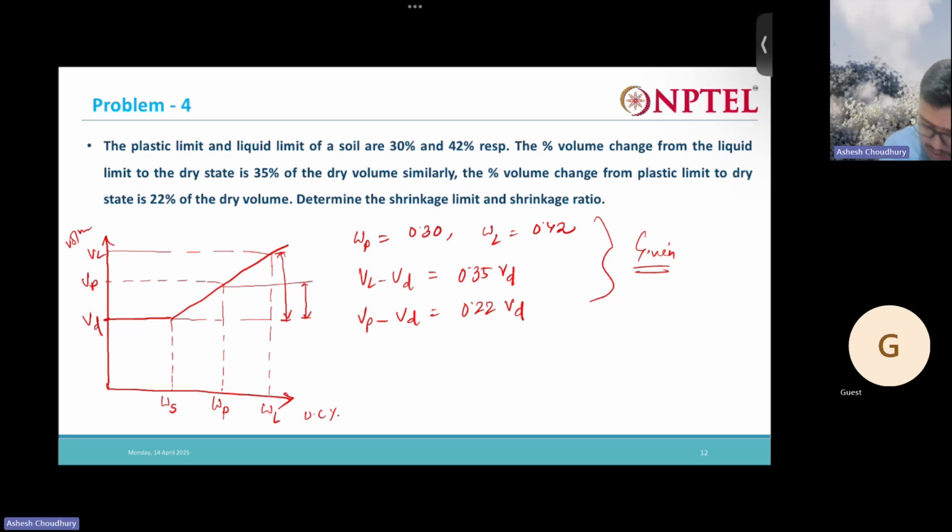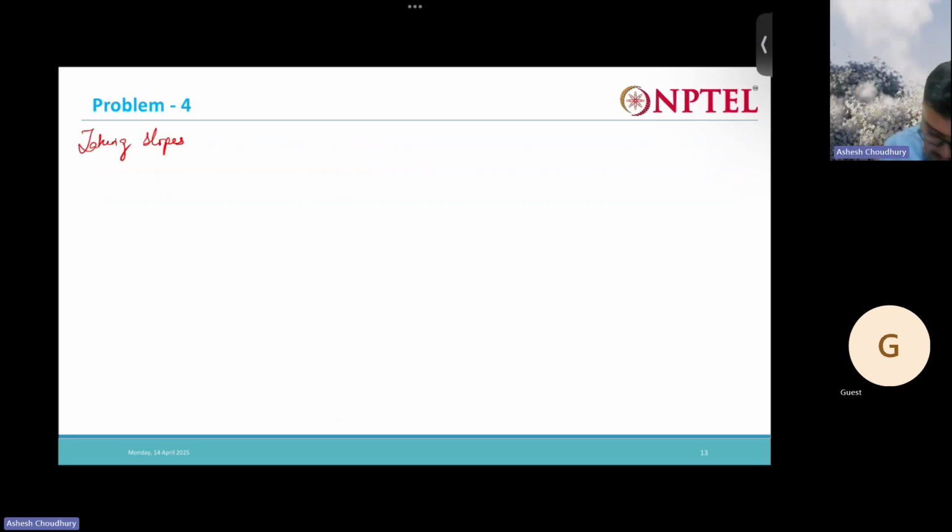Okay, so taking slopes you can get VL minus VP by WL minus WP is equal to VL minus VD by WL minus WS.